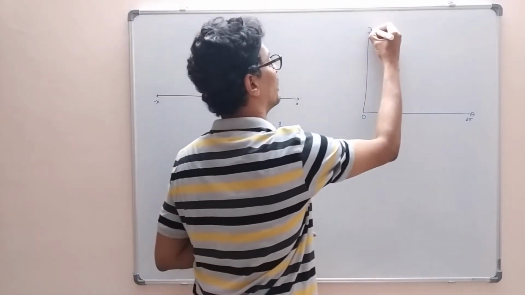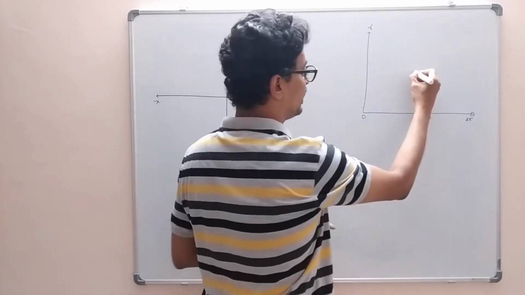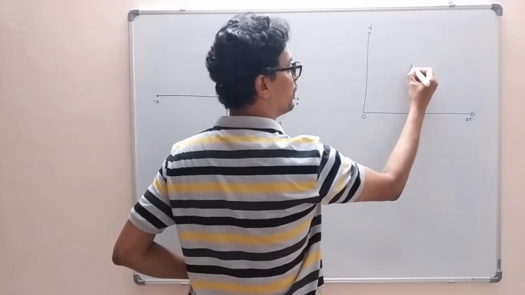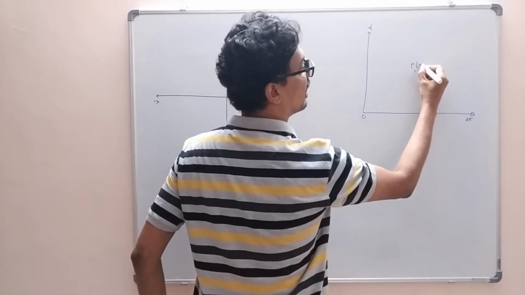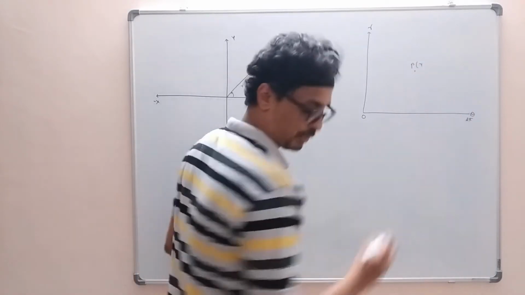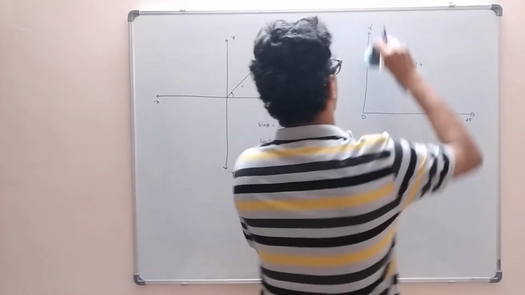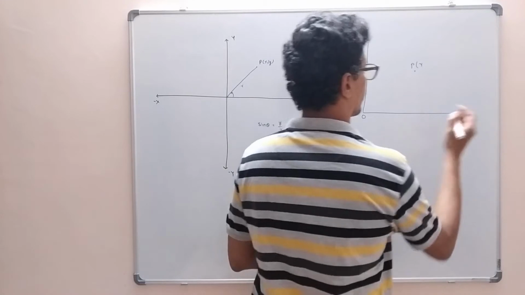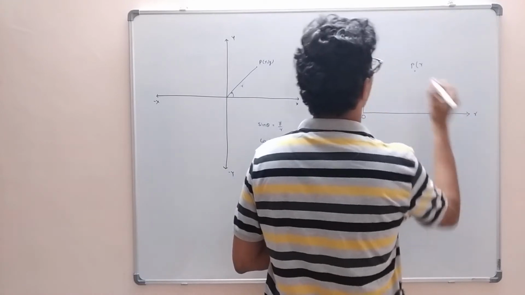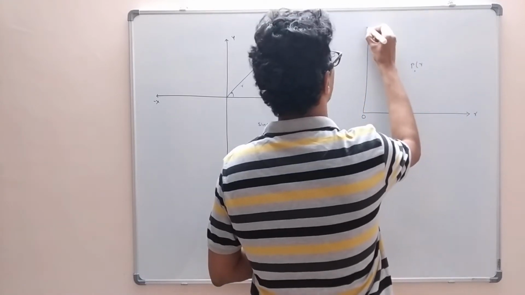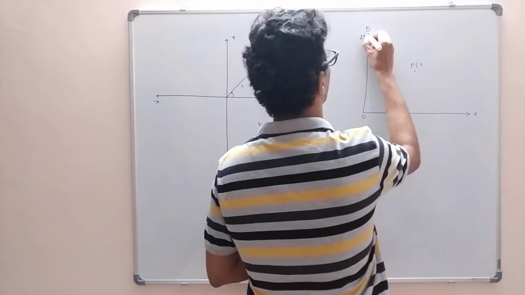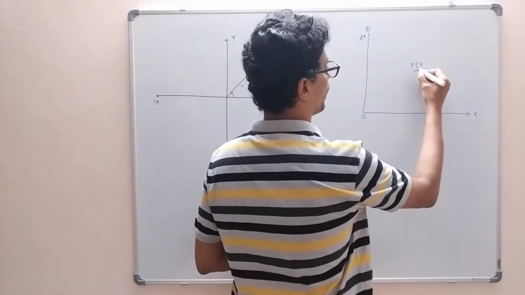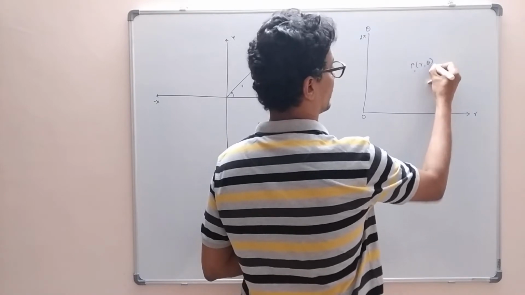So any point here, similar to what we had x comma y, any point P will be r comma theta. So let me take theta here and r here. And this is 2 pi, after 2 pi it is going to repeat. So any point P will be r comma theta.